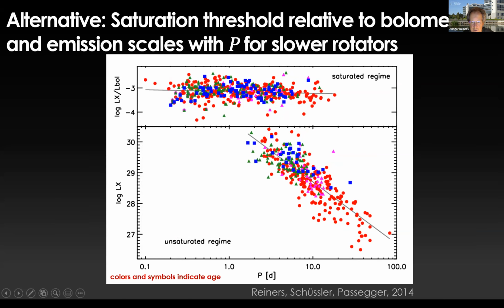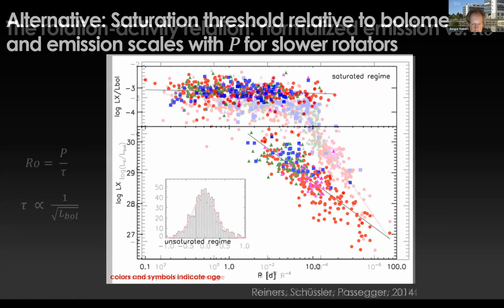And for the others, we simply chose to not plot Lx over L bol against Rossby number anymore, but we simply decided to plot Lx over P, which is essentially the same as we did before when we asked ourselves, well, is the R squared proportional to R squared thing also in here? Let me remind you, just to make this clean.